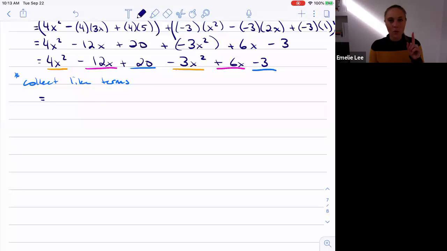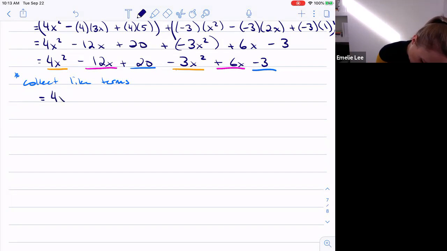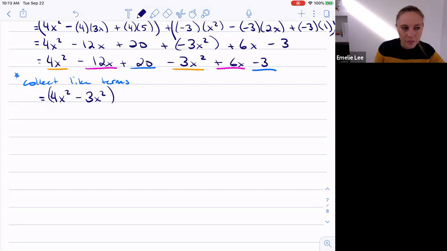One thing to note is that I will always try to write my polynomials so that the degrees are decreasing. So I've got my highest power first, and then my next highest power, and then my next highest power. So I've got 4x squared minus 3x squared, and I can throw little brackets around there, it doesn't matter, because I'm not multiplying.